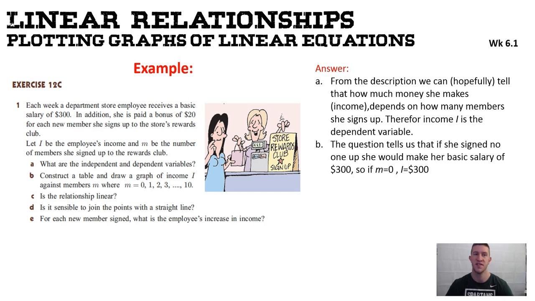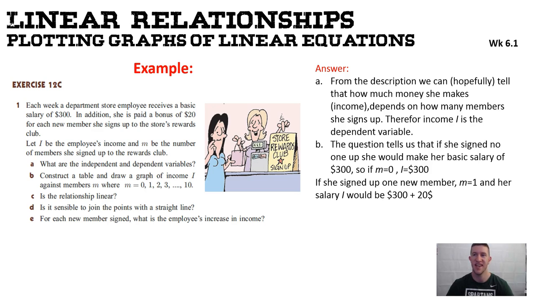So the question tells us that if she signed up no one, she would still make her basic salary of $300. So mathematically, we could write M equals 0, which would imply that her income I equals $300. If she signed up one new member though, M is now equal to 1, and her salary would be the $300 plus $20 for the one member.